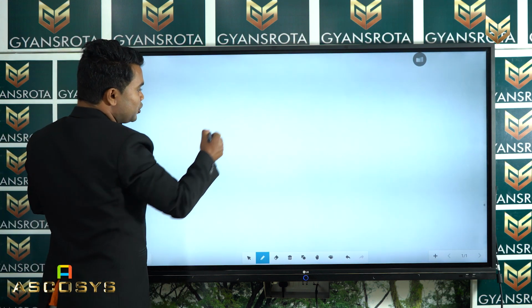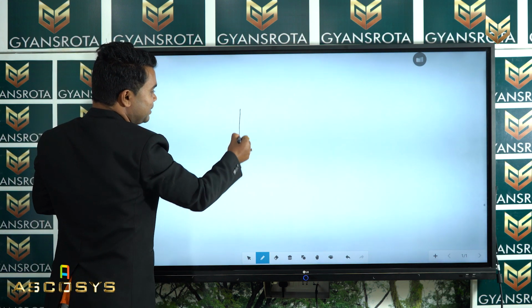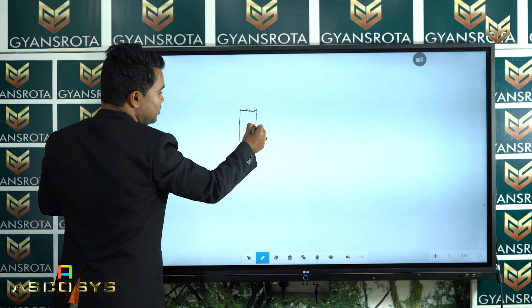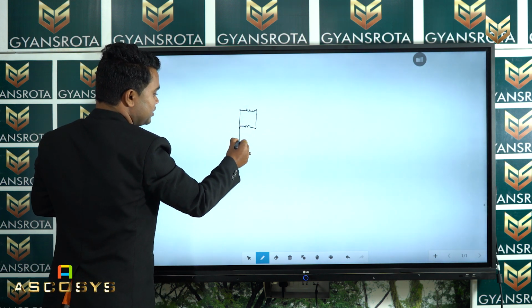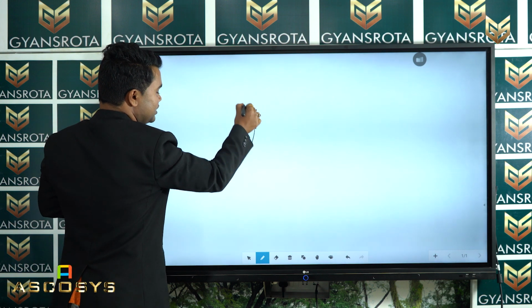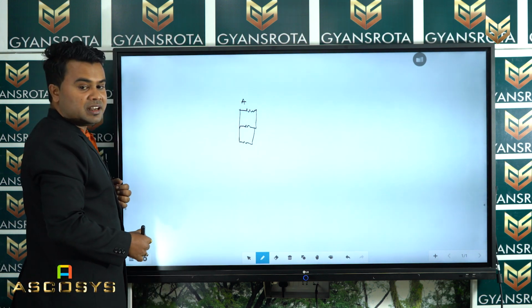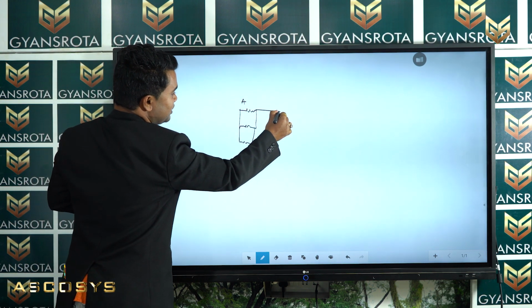When all the bulbs are glowing, I can make the diagram in that way. The resistance of the bulb will show me in that format, right? This is for section A, suppose. And then I have section B separately.